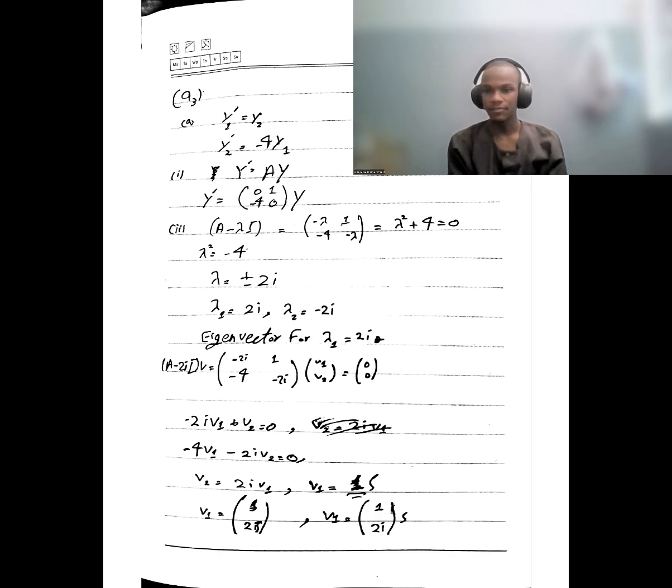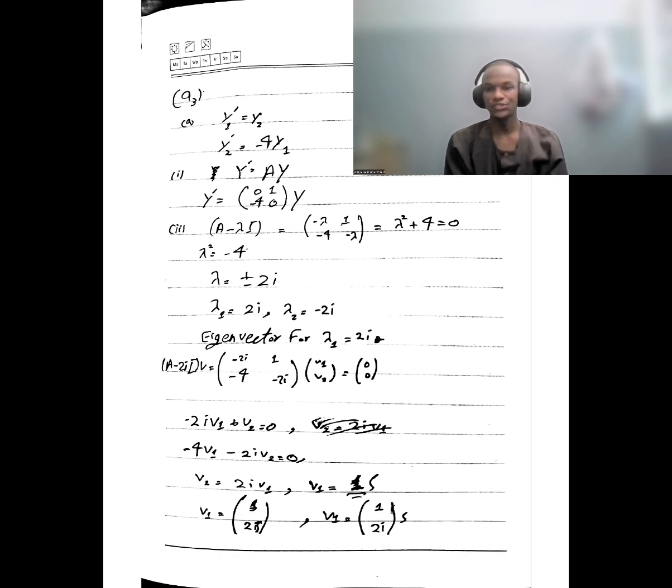We then multiply by v1 equals 0. From the first equation, negative 2i times v11 plus v12 equals 0. So v12 equals 2i times v11. Choosing v11 equals 1, we get v1 equals the vector 1, 2i.